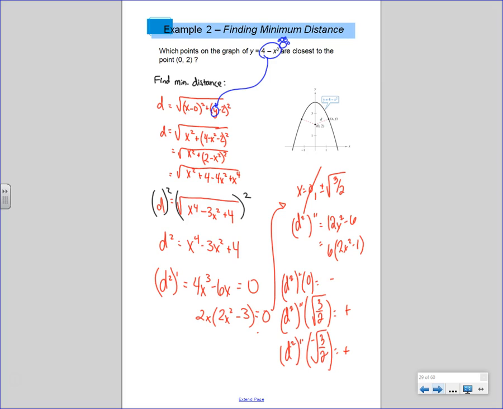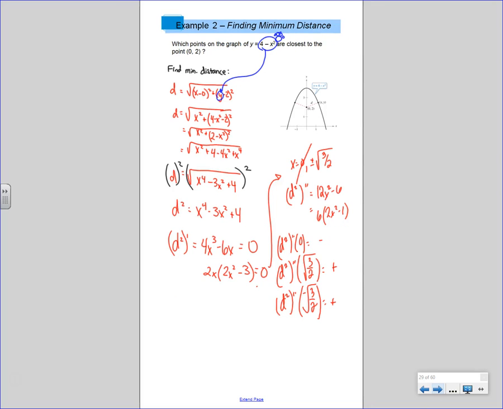What does that mean? I didn't actually explain in words last time. Since d squared prime of plus or minus square root of 3 over 2 is equal to 0, that proves it is a critical number first. And d squared double prime of plus or minus root 3 over 2 is greater than 0.